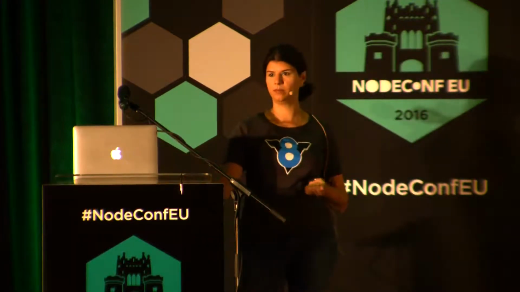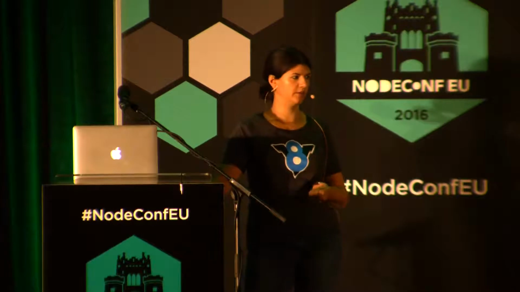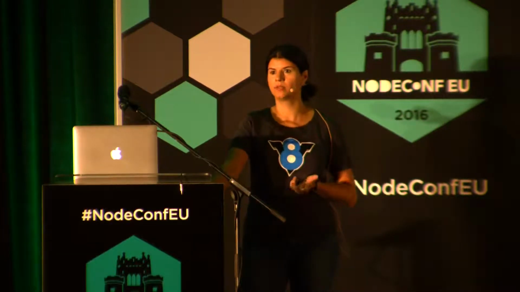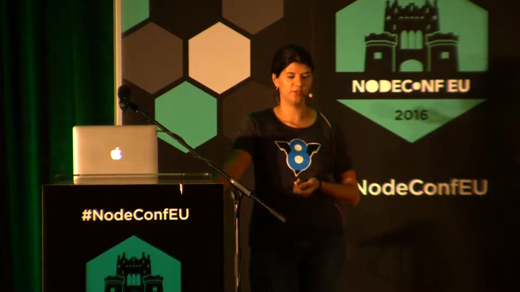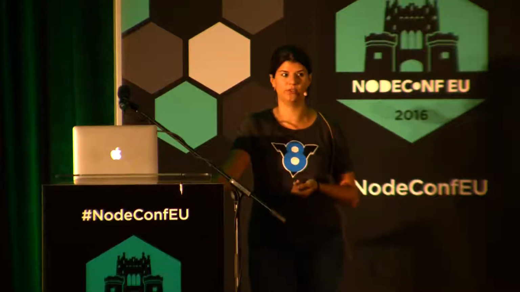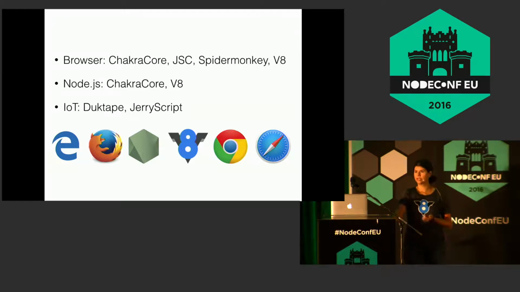To put V8 a little bit into context, there are a lot of JavaScript engines out there. The big browsers, they have all their own engines. So there is Chakra Core, that's the engine in Microsoft Edge. And actually, right after this, Brian will tell us more about Chakra Core. Then there is JSC, JavaScript Core, in Safari. There's SpiderMonkey and its monkey friends in Firefox. And then there is V8 in Chrome.